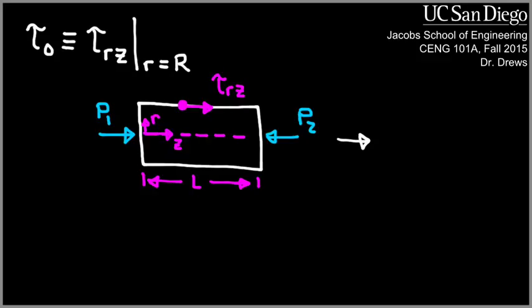If I do a simple force balance on this, I will have a force due to pressure on the left-hand side and a force due to pressure on the right-hand side, and essentially a force due to the shear stress applied over the surface of the cylinder. So as a result, what we find is that tau RZ, I would encourage you, by the way, to work out this result.